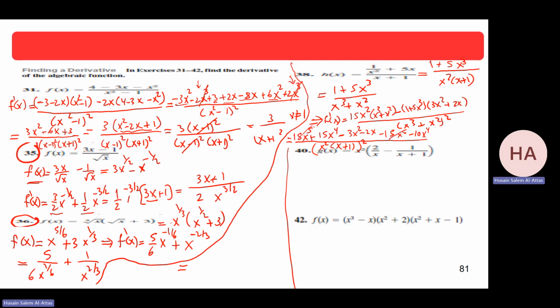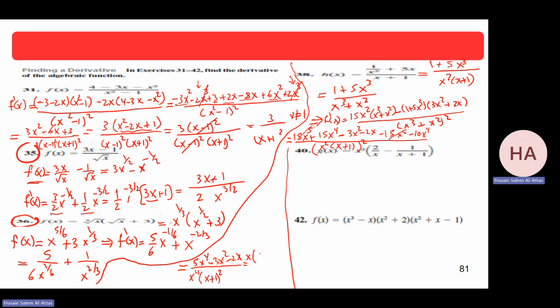I have 15x to the power 4 minus 10x to the power 4, that is 5x to the power 4, and minus 3x squared minus 2x over x to the power 4 times x plus 1 squared. And I can take x as a common factor in the numerator.